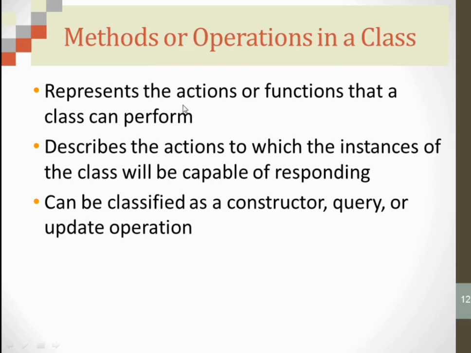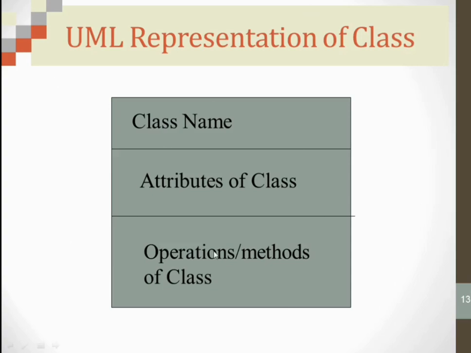The methods or operations are the actions that can be done on this class or on these attributes. Here's how a class looks: the class name, the attributes, and then the methods. In this class, we will not use this full description.